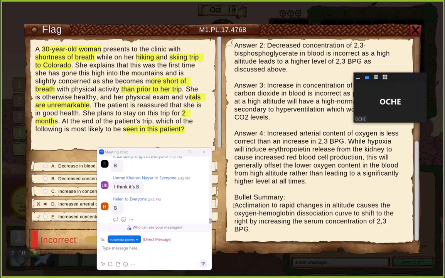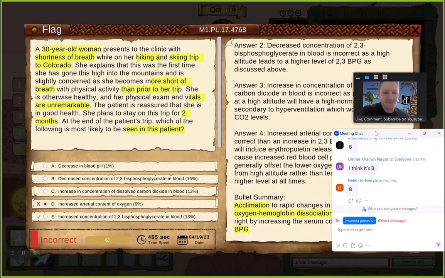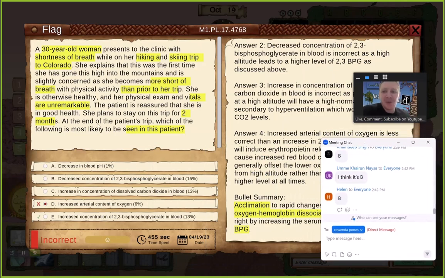Yeah. But in this question, they're asking, before they leave, at the end of their trip, what are the physiological changes you would expect to have happened chronically, long term? Oh, not when they are home. Yeah. And so I think I got it wrong.